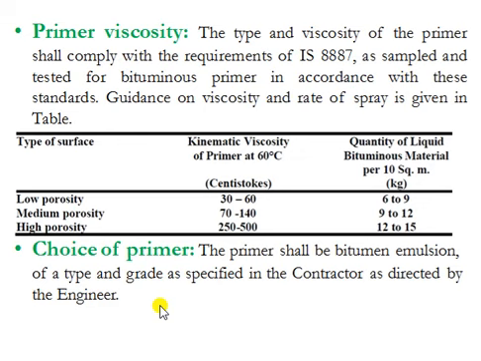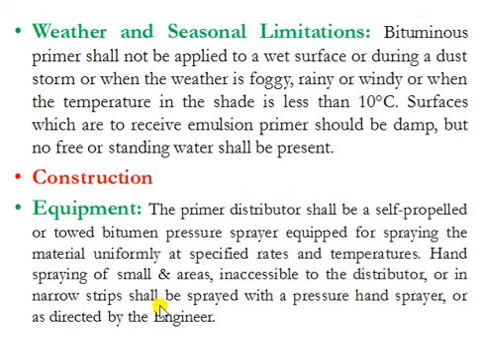The choice of primer depends upon the engineer, and also upon the importance of the project. The contractor will select a primer depending upon the contract, or depending upon the engineer, who will suggest which type of primer has to be used in the construction depending upon the importance of the project.